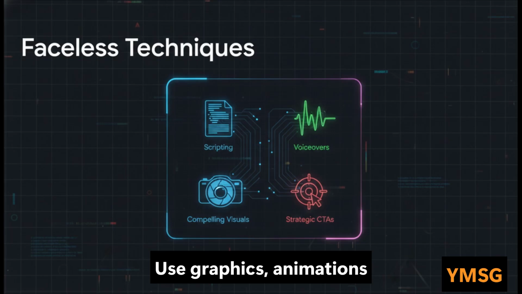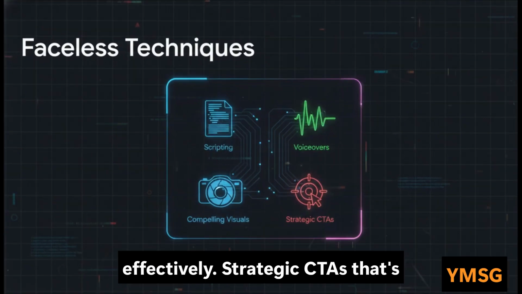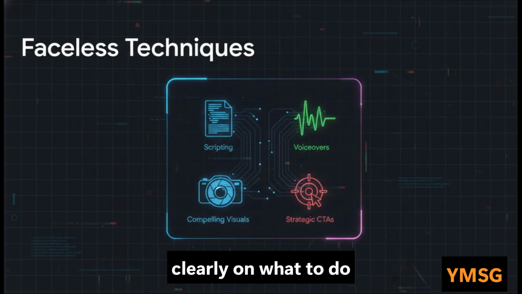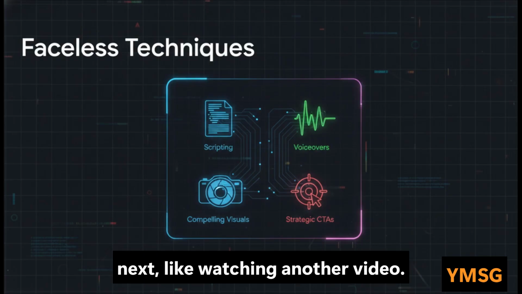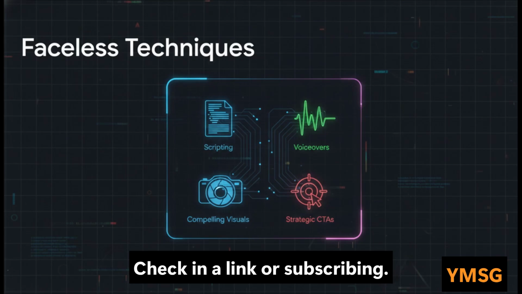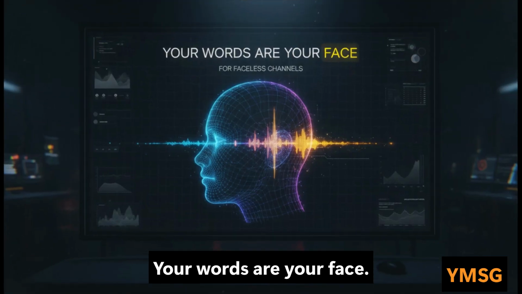Use graphics, animations, and stock footage effectively. Strategic CTAs, that's call to action, guide viewers clearly on what to do next, like watching another video, checking a link, or subscribing. Your words are your face.